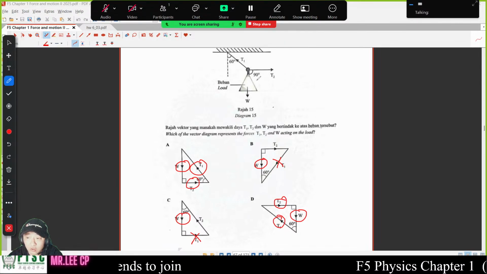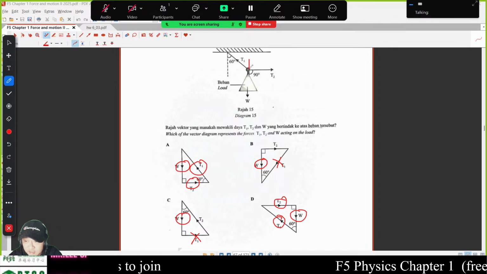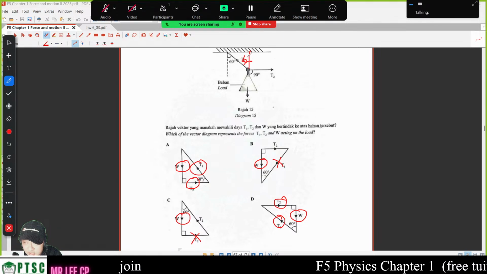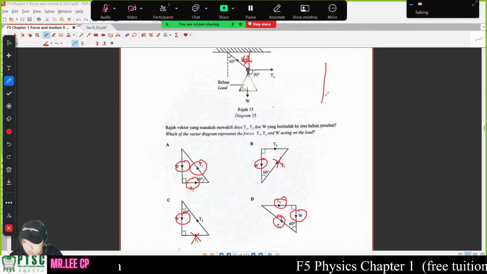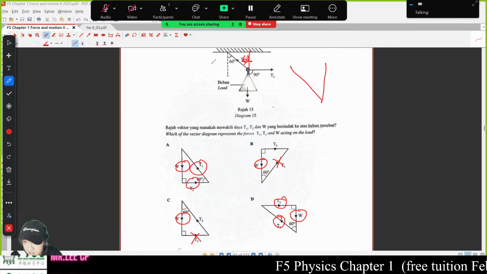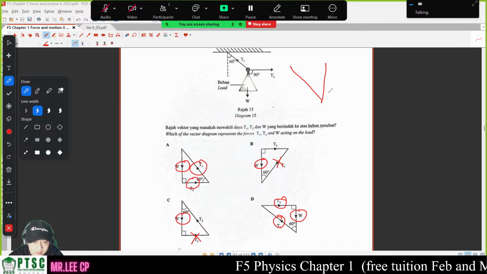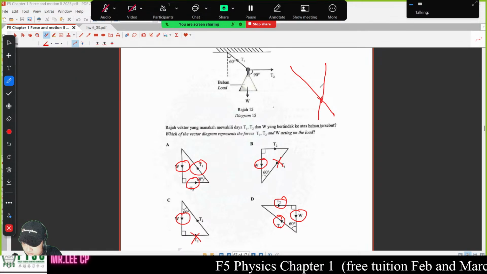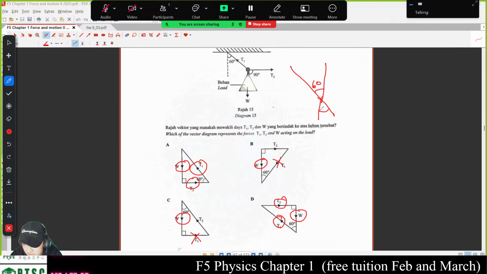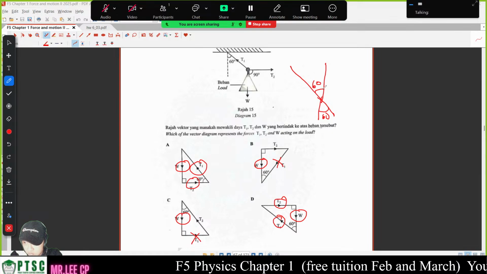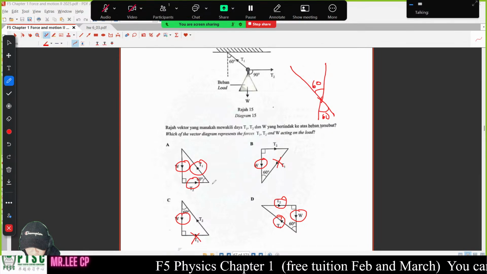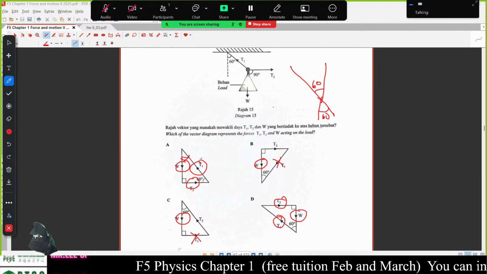So how to find the angle? Here it is 60, between the vertical and T1. The vertical is W. In between W and T1 it is 60.